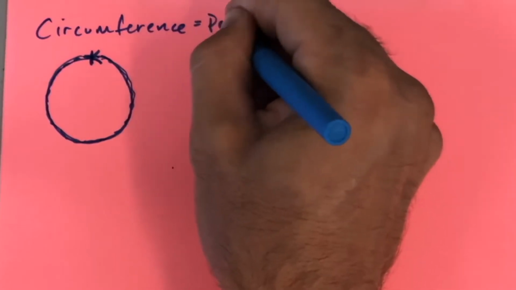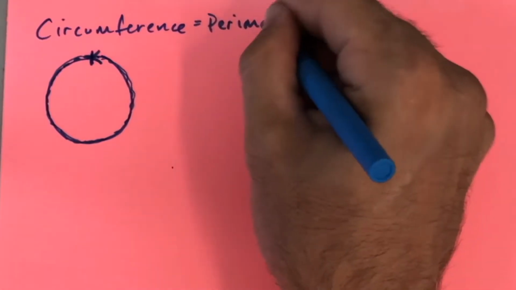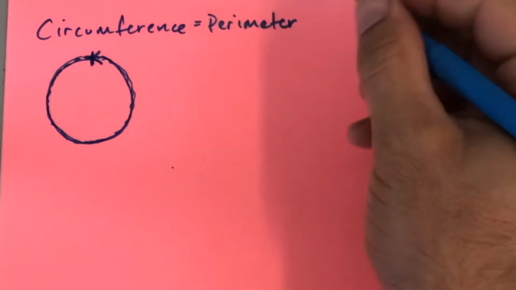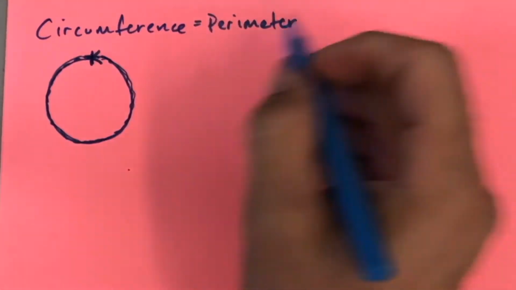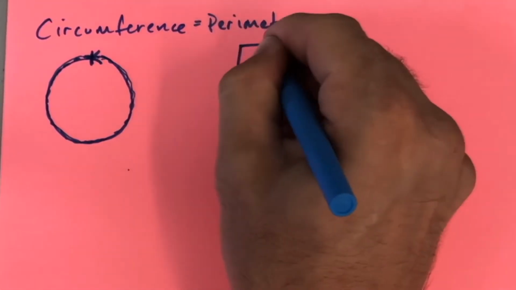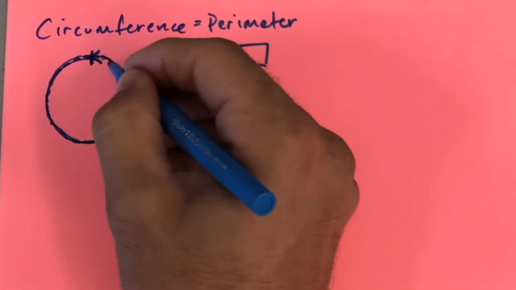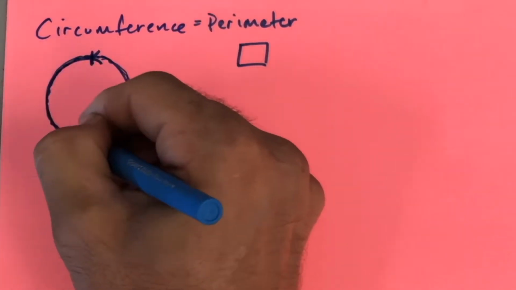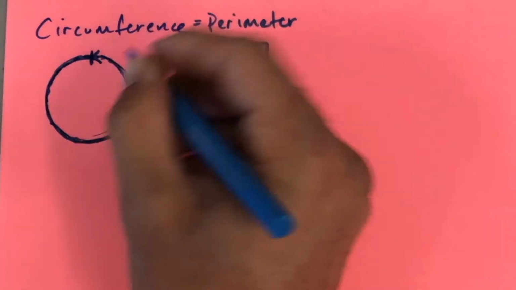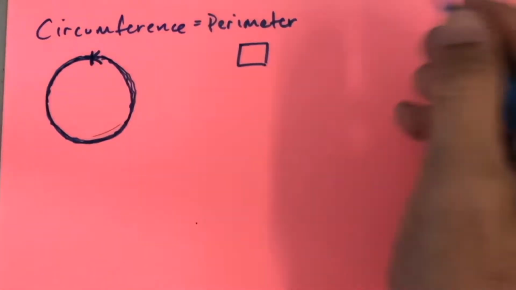Circumference is very similar to the perimeter of a square. The difference is that a perimeter is an adding up of sides, and since a circle does not have sides, we're finding a calculation of the movement around a circle.